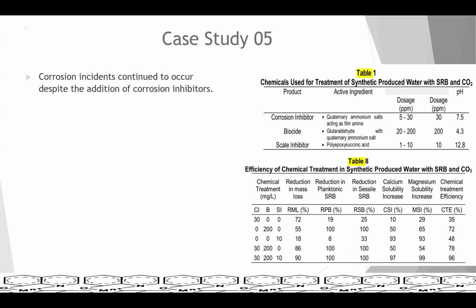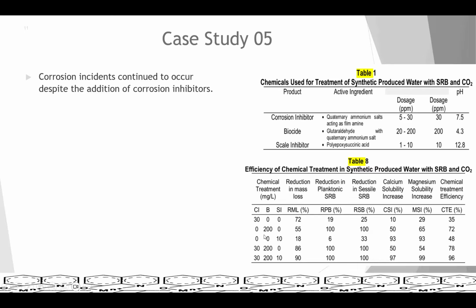The mass loss decreased by 72% because it's a corrosion inhibitor. However, that particular chemical did not have any impact on the microbes nor on the scale dissolution. He came up with a formula that the chemical treatment efficiency was only 35% if you just inject corrosion inhibitor from the package.